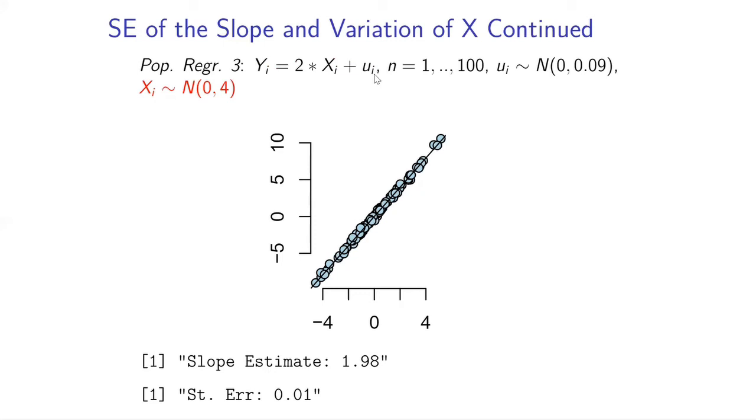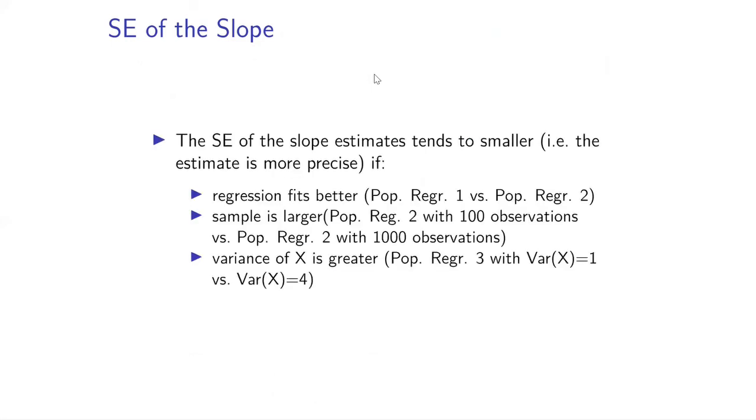Therefore, we want our independent variable to have a wider variance, because the wider the variance of x, the smaller the standard error of the slope. In summary, we have learned that the following factors tend to drive the standard error of the slope estimates. If the regression fits better, if the sample size is larger, and if the variance of x is greater, then our standard error of the slope is smaller.